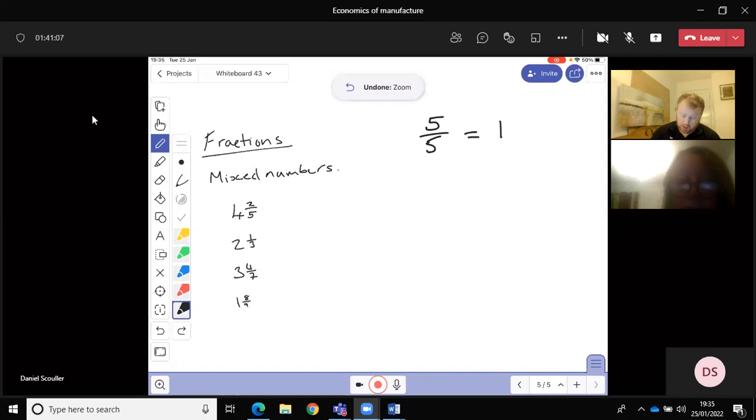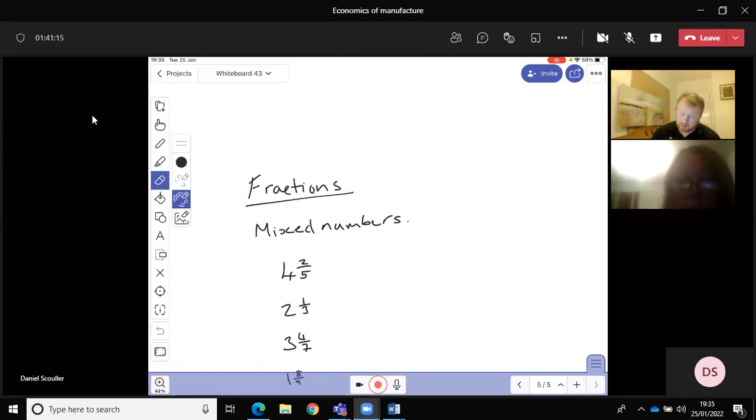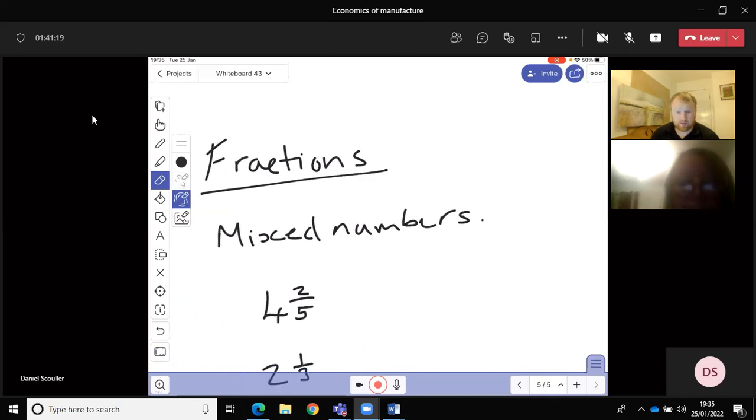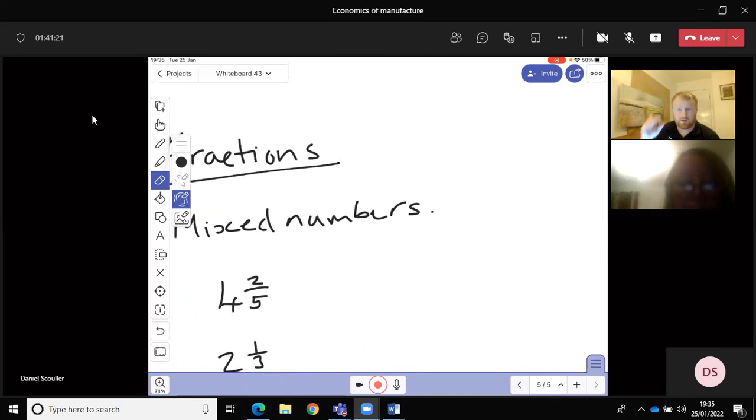Now, how can we use that in this respect? What something like this is telling us, 4 2/5, is 4 wholes plus 2 more fifths.